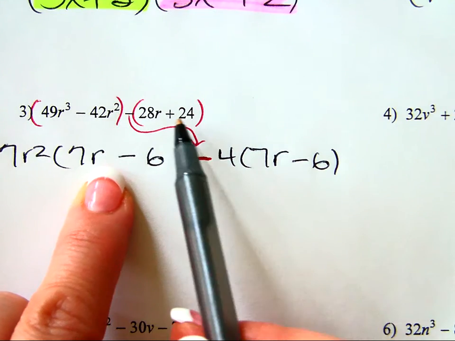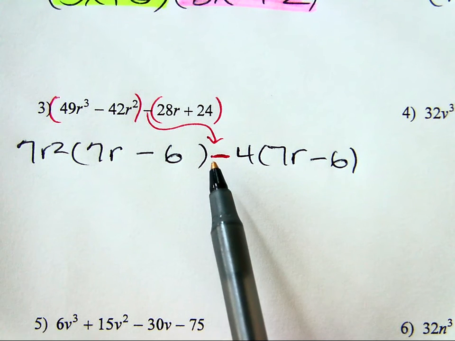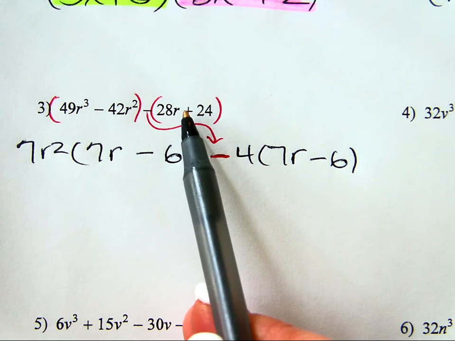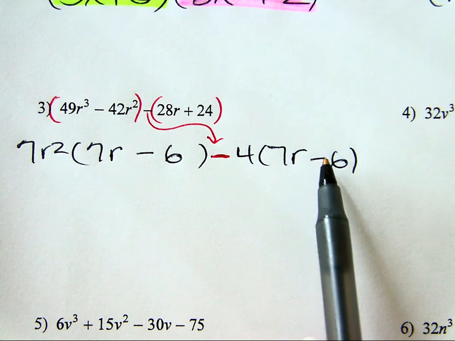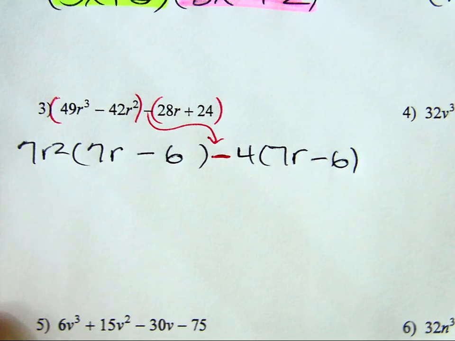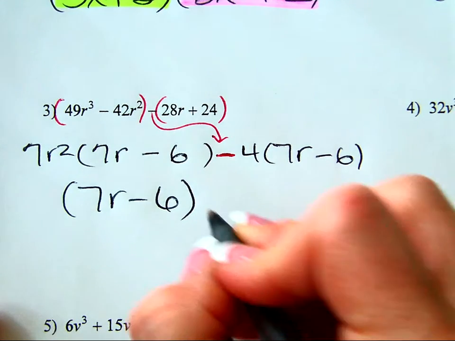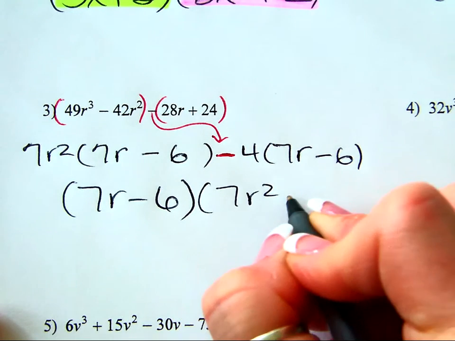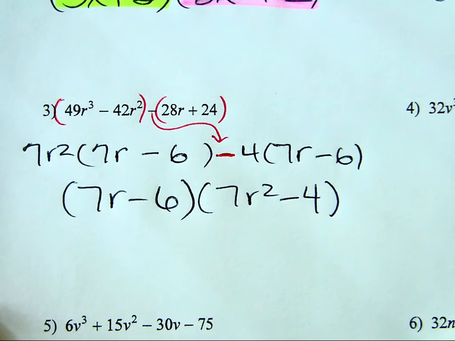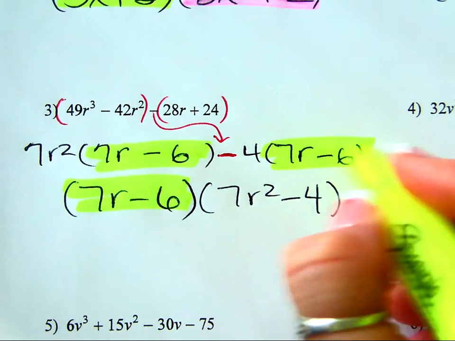So when there is a minus in between, the only thing you have to remember to do differently is that whatever that is, it's going to be the opposite because you pulled that negative out. Do you know what I mean? So your answer for this is going to be your common factor of 7r minus 6, and then your 7r squared minus 4. And you can see where they come from, right?